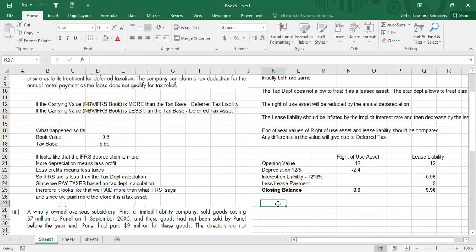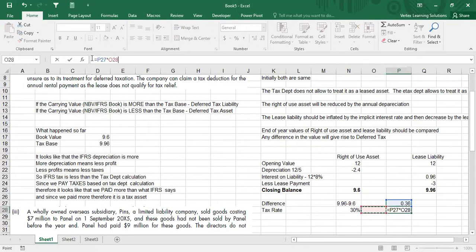So we say that the difference is 9.96 minus 9.6, which is this much, 0.36. Tax rate is 30%, and I will take 30% of this.